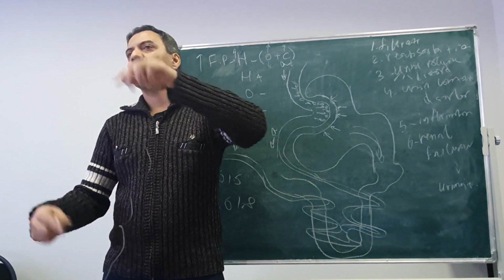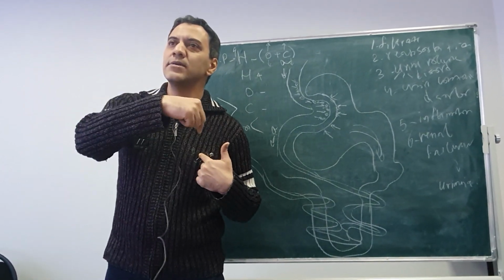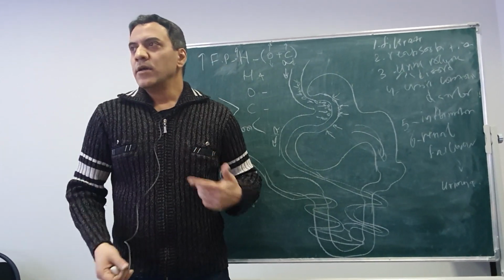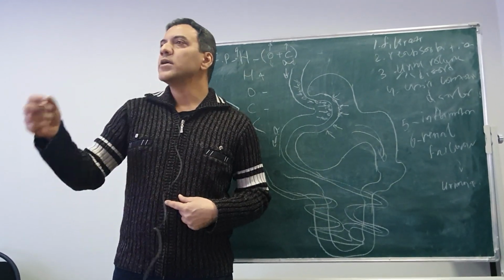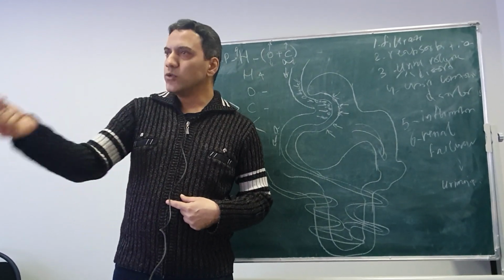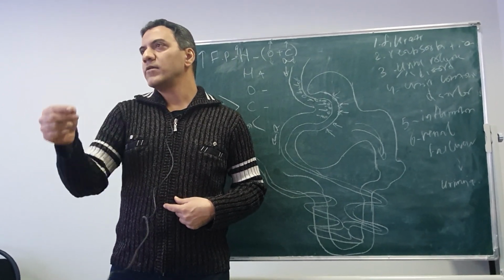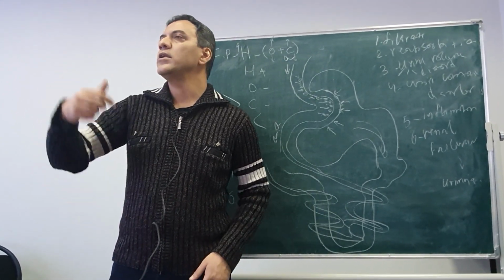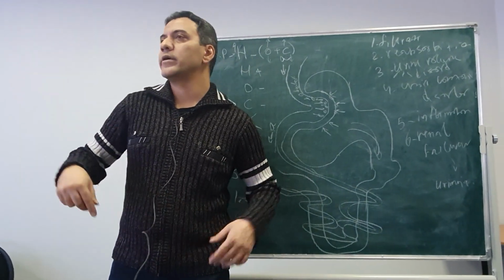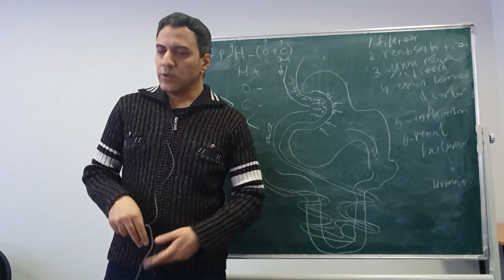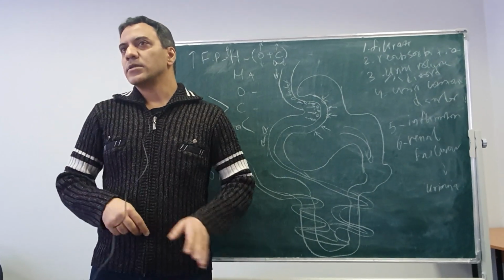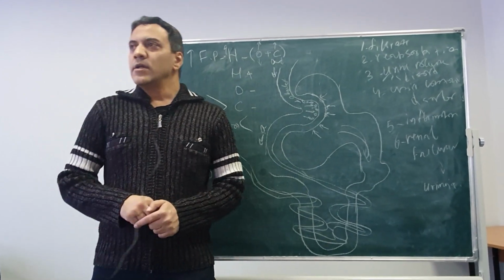So high potassium can lead to cardiac arrest. For stomach, uremic gastritis. Urea is also an inflammatory factor. In women, uterus problems, uremic vaginitis. Can you imagine?